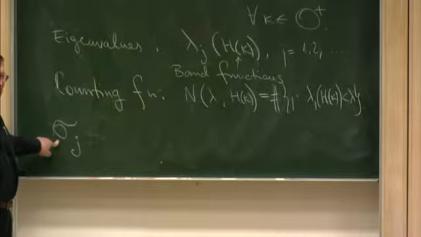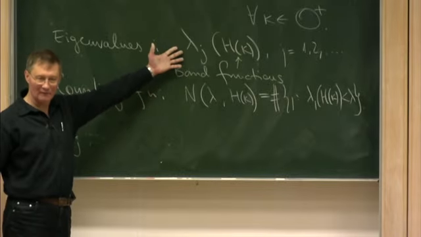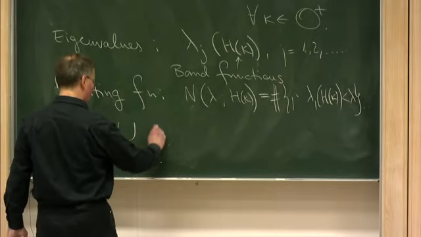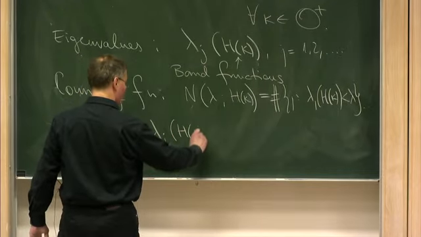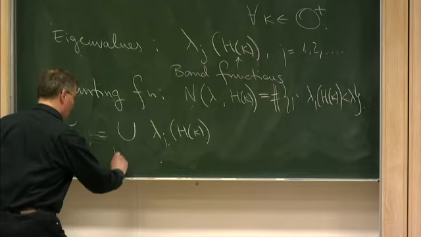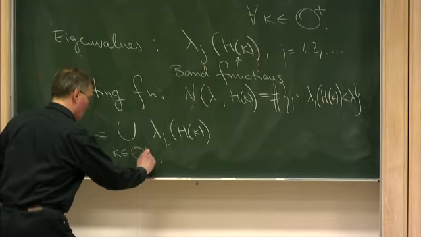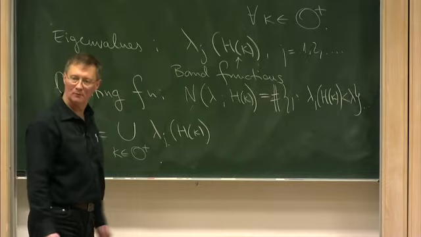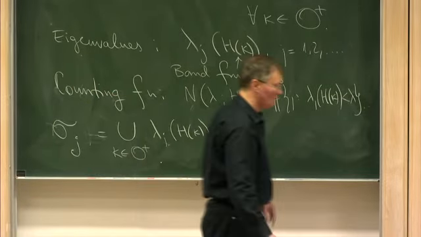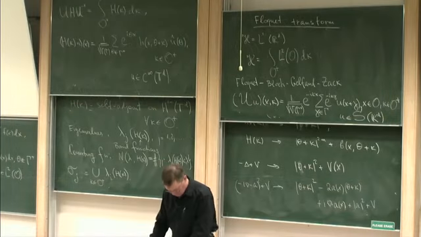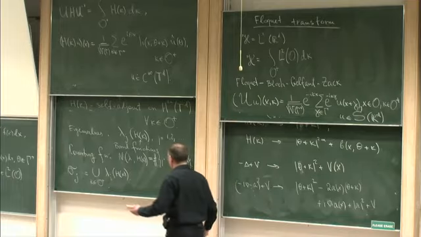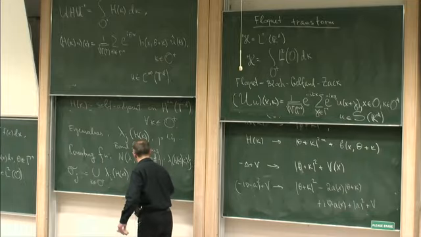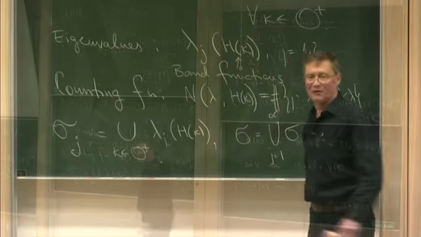Sigma j, the spectral band labeled j, is just the set of values of the jth band function over all k in the dual domain. Okay? And the spectrum is built out of bands, so the notation for the spectrum is this. Take all of them.